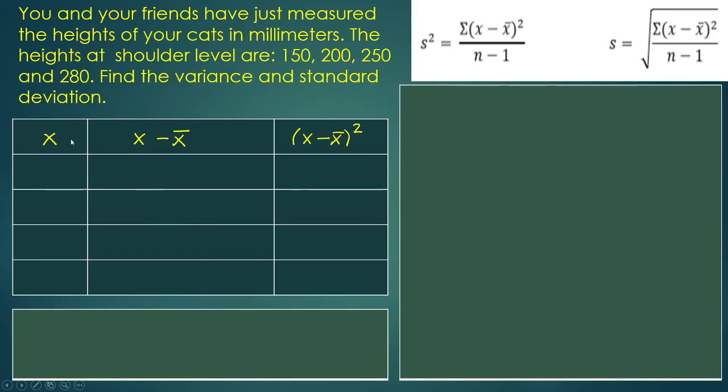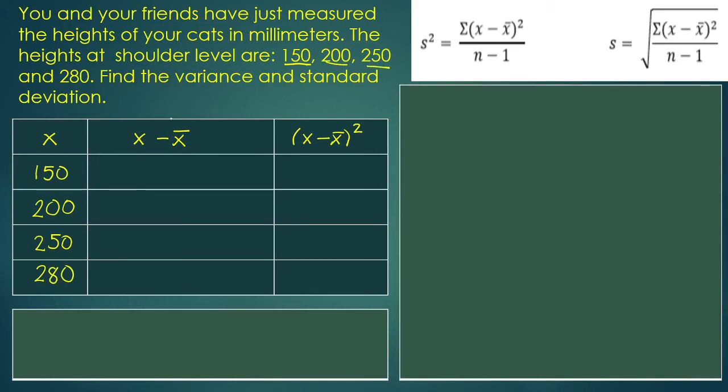Now, the values of the x's are simply the heights of the cats. That's 150. You write 150 over here. We have 200. You write 200. You have 250. And lastly, you have 280.